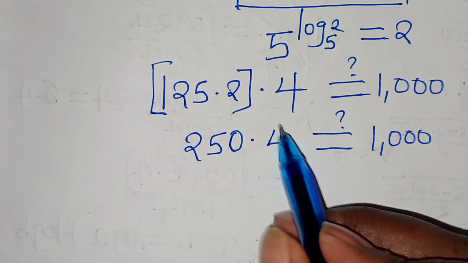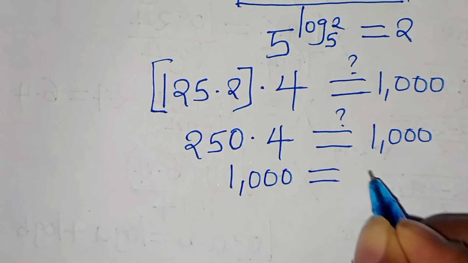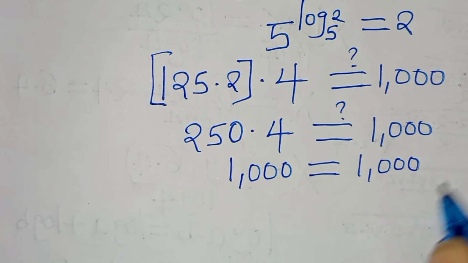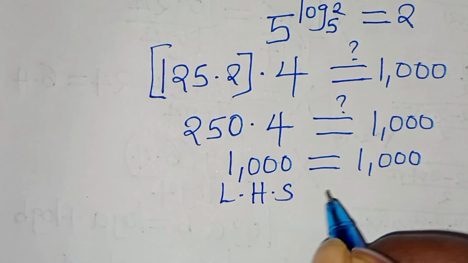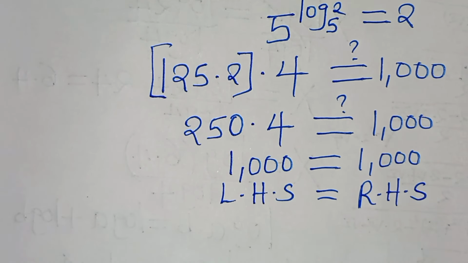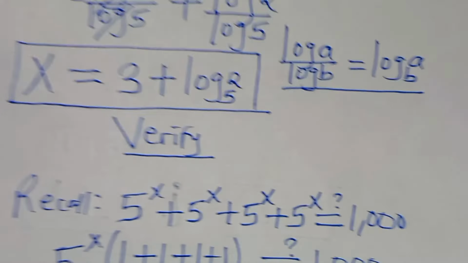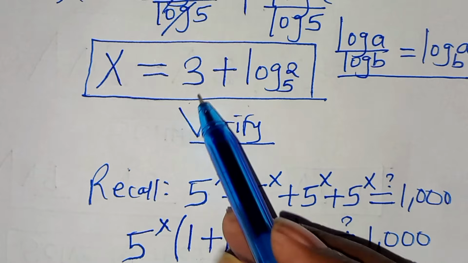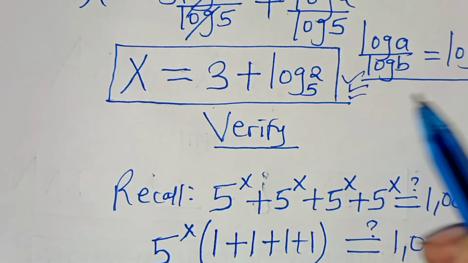So 250 times 4 is equal to 1000, which is equal to 1000. And this implies that the left hand side is equal to the right hand side. This proves that the value of x here, which is equal to 3 plus log 2 to base 5, actually satisfies the equation.